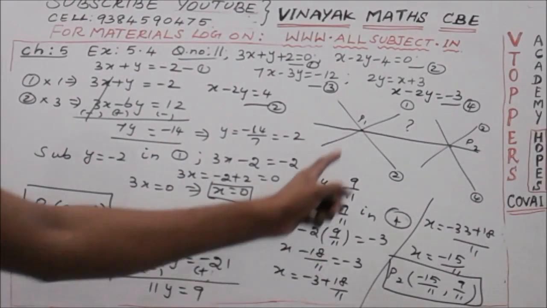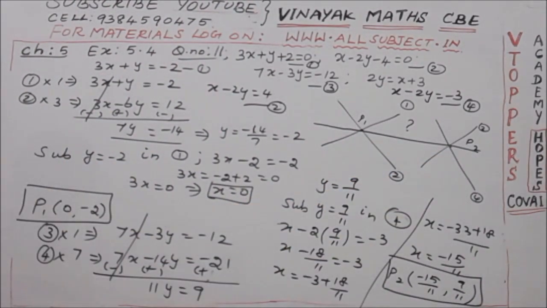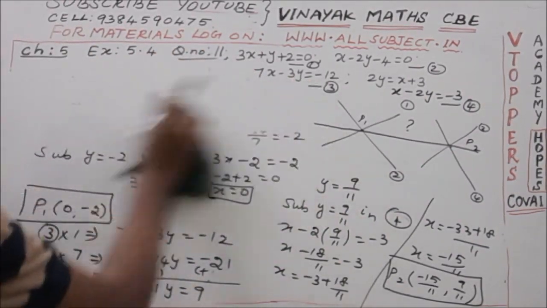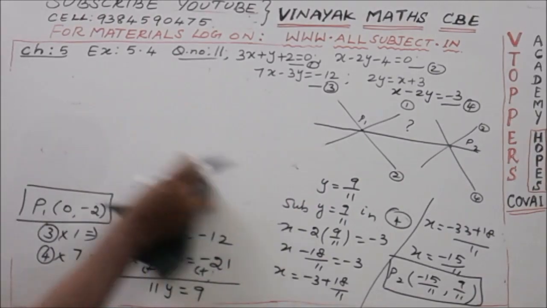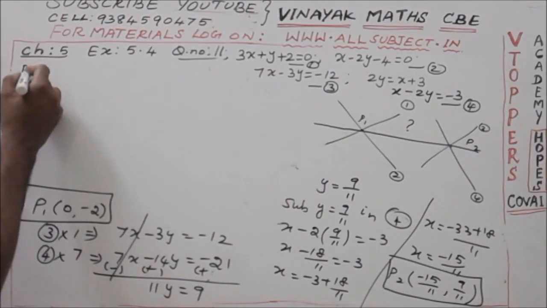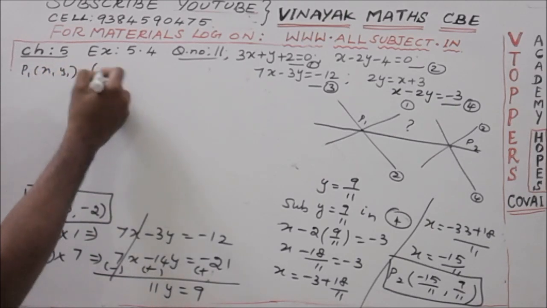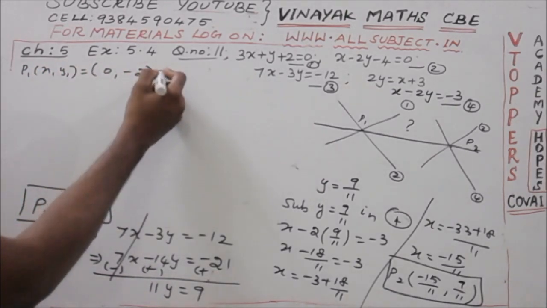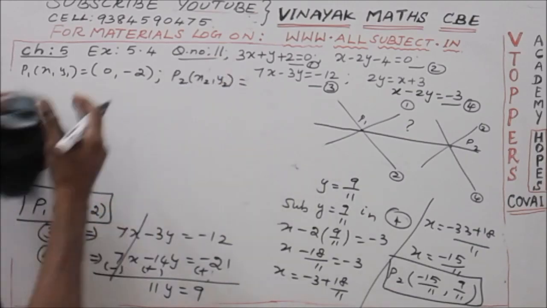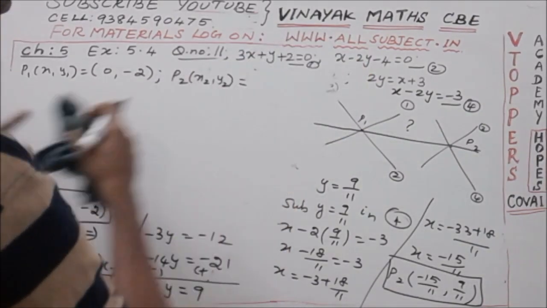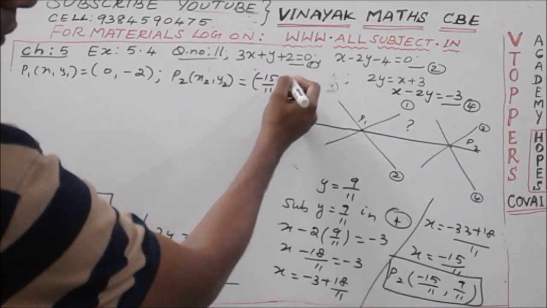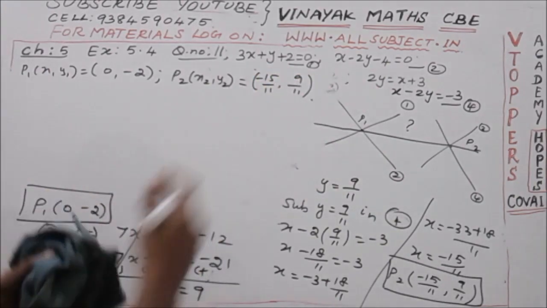By use of these two, we can find the required line by using the formula (y minus y1) by (y2 minus y1) equal to (x minus x1) by (x2 minus x1). So P1 of x1 comma y1 is 0 comma minus 2 and P2 of x2 comma y2 is minus 15 by 11 comma 9 by 11.